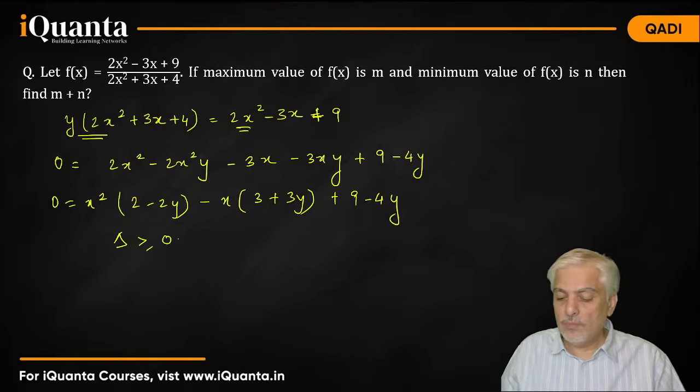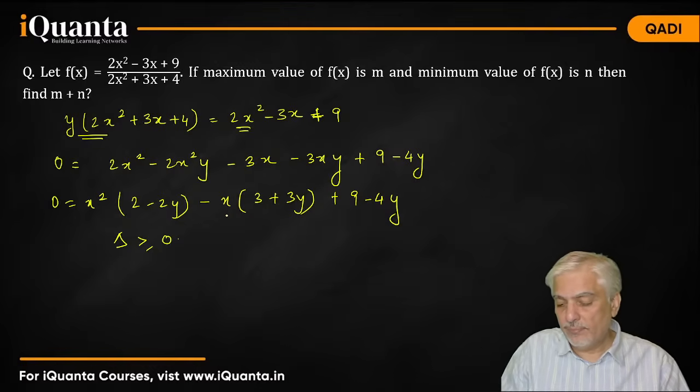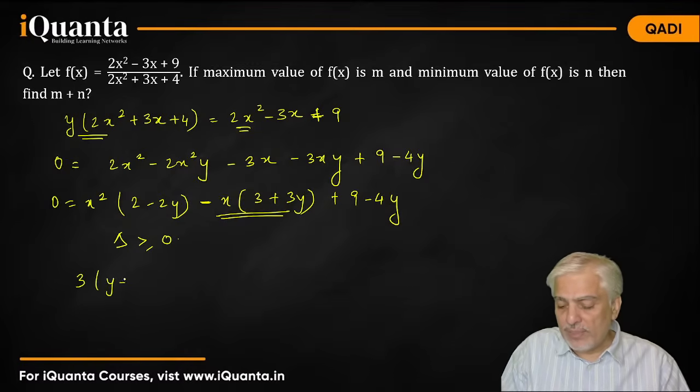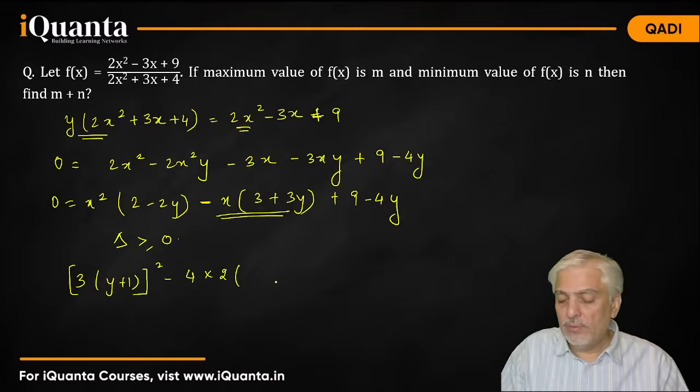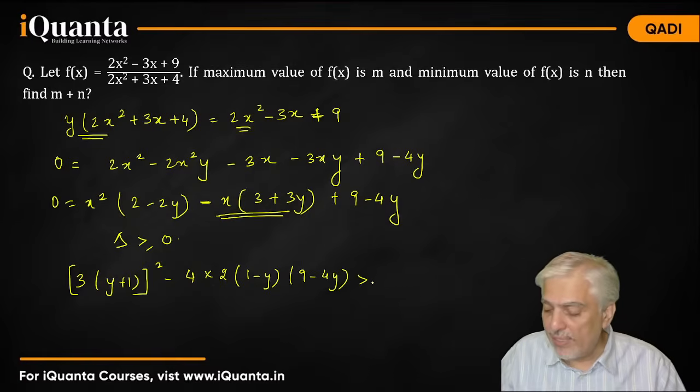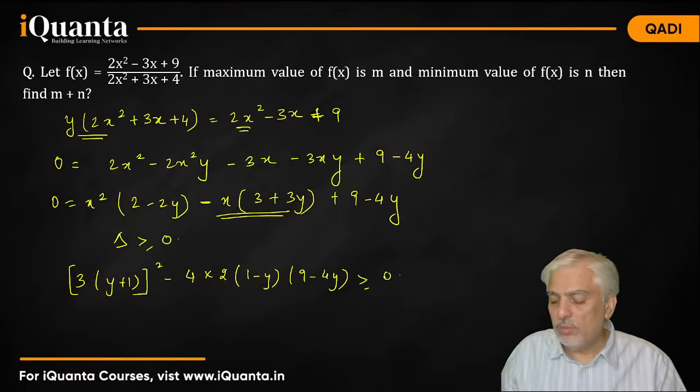So b square, because it's square, the negative sign does not matter, 3 into y plus 1, whole square, minus 4ac. In a, I can take a 2 common, into 1 minus y, into c, which is 9 minus 4y, has to be greater than or equal to 0.